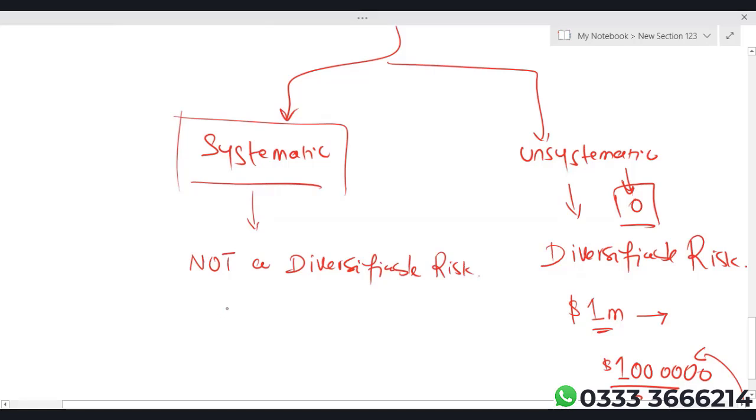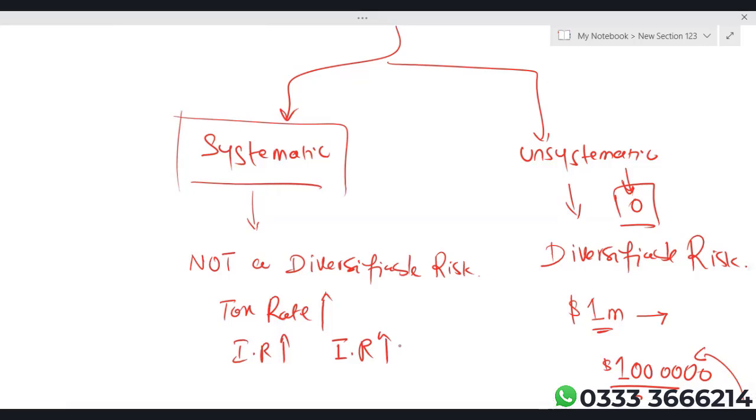For example, if your government increases the tax rate, you cannot do anything; you have to bear it. An increase in the inflation rate, an increase in the interest rate. My company cannot reduce the interest rate. So these are just a few examples of systematic risk, which is not a diversifiable risk.